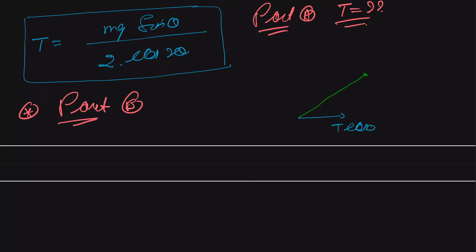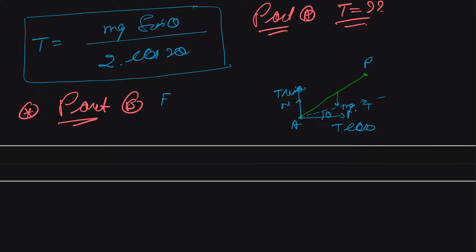Along with this, there was a normal, and also we were having mg in the downward direction. So these were the forces which were already discussed. And this is our string. It was making an angle of theta with the horizontal. And this is our A and this is point P.